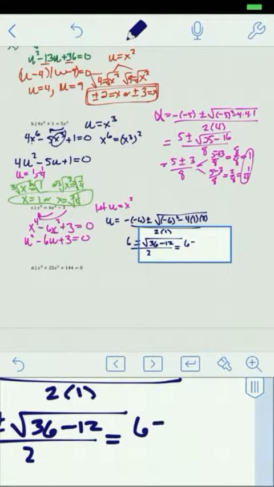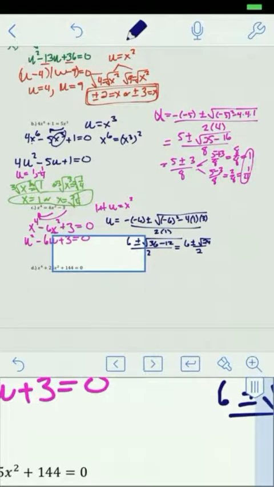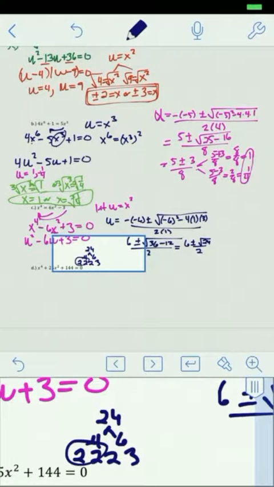36 minus 12 is going to be 24. Square root of 24 over 2. 24 is not a perfect square, but I can simplify it. 24 breaks into 4 and 6. That's 2, 2, 2, and 3. Pair of 2s.